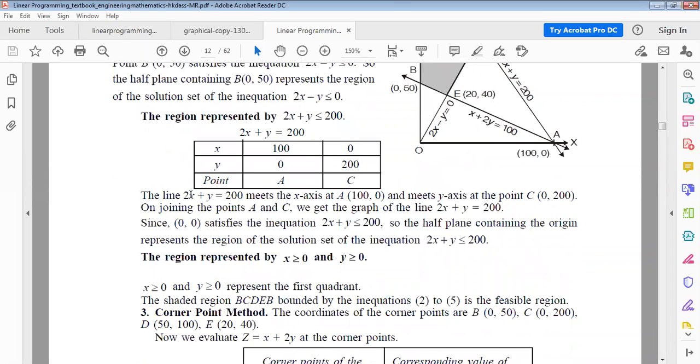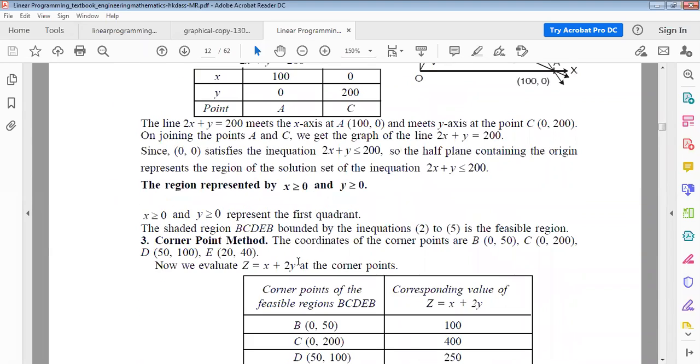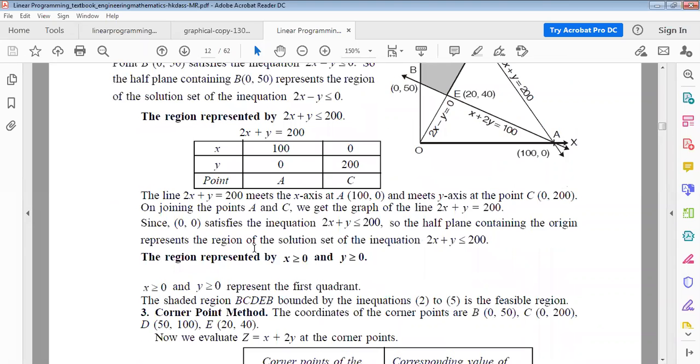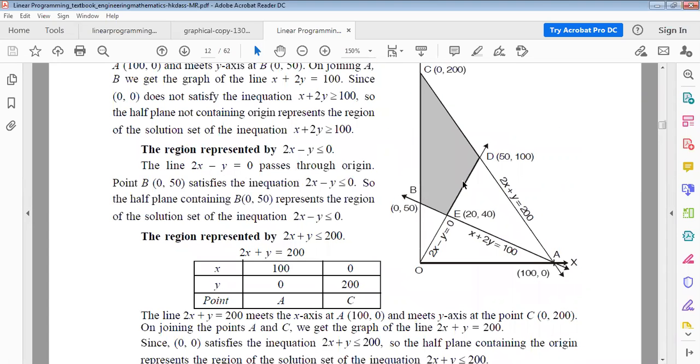So for the region represented by this, we can get the corner points. There will be four corner points: this corner point, this corner point, this corner point, and this corner point. This is the intersection point between the first and second constraints, and this is the intersection point of the second and third constraints.